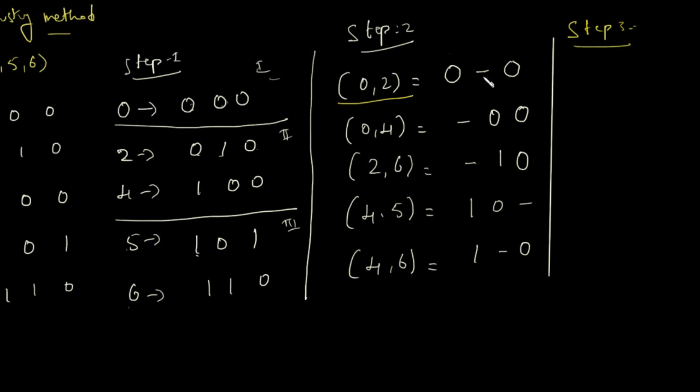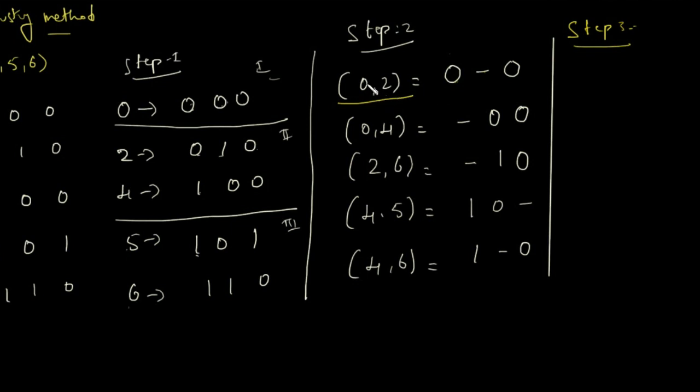And we can compare 0 dash 0 with 2 comma 6: 0 dash bit change, dash 0 bit change, not possible. 0 comma 2 with 4 comma 5, if you try that, 0 1 dash, 0 0 dash, all 3 bits are changing, so it is not possible.